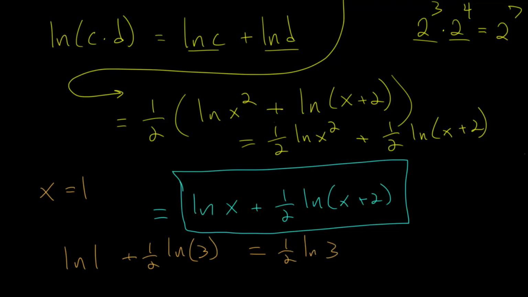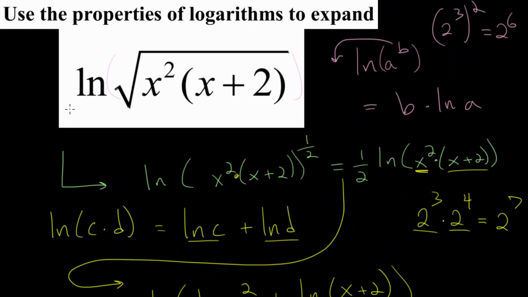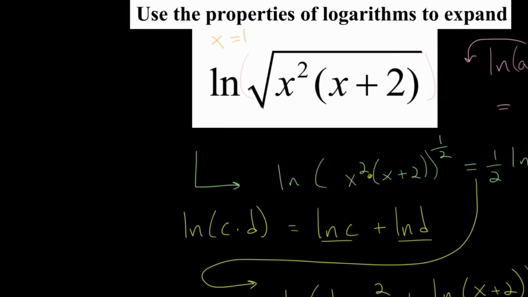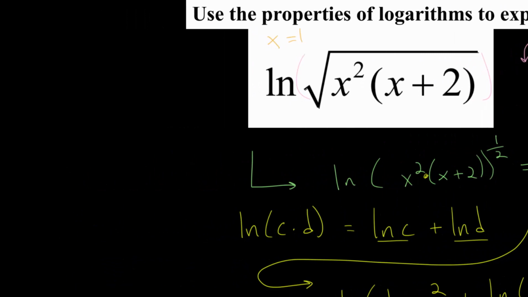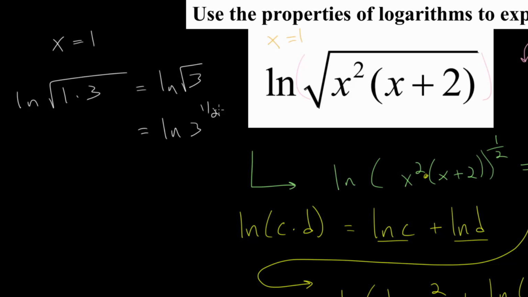And let's see if our expression up here will simplify to the same value. We're just setting x equal to 1. So let me just make a little bit of space here. And when x is 1, we have the natural log of the square root of 1 multiplied by 1 plus 2. So 1 times 3, which is the natural log of the square root of 3. And at this point, you could use the exponent property to show that this is really just 3 to the 1/2, and then you can bring the 1/2 out in front.